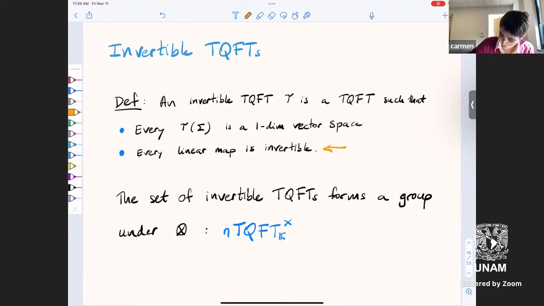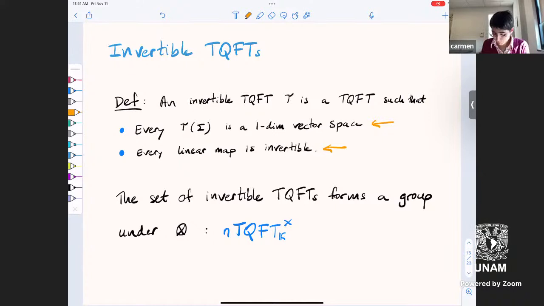So I just mentioned this one. An invertible TQFT is a TQFT such that when you apply it to one of the boundaries, you get a one-dimensional vector space, and every bordism gets mapped to a linear map which is invertible. Those are going to be our two key ideas of what an invertible TQFT is.